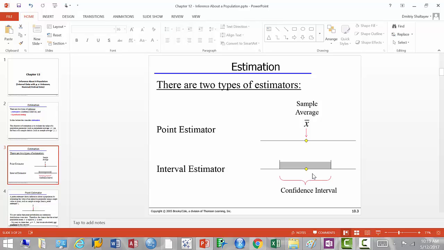So instead of saying that, hey, this number is the population mean, I'm going to say, well, let's construct an interval, and our statement is going to be that the true population mean, which we never will find out exactly precisely, is included somewhere inside this interval with certain level of confidence.